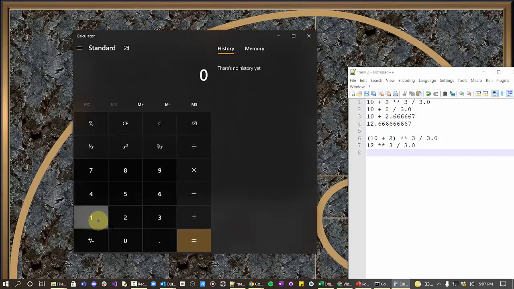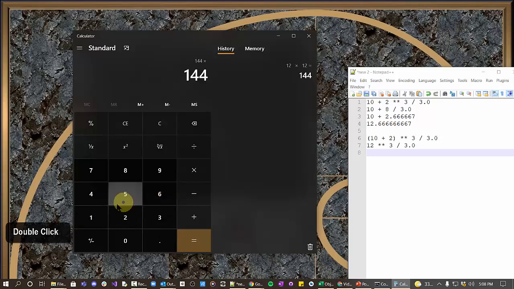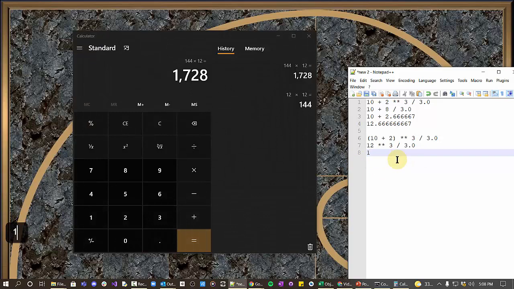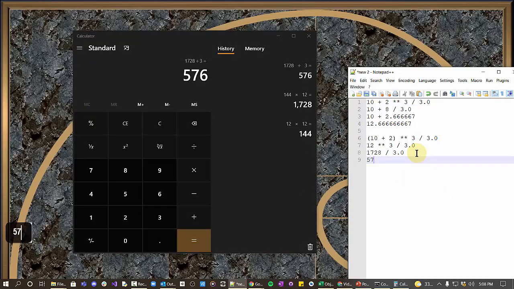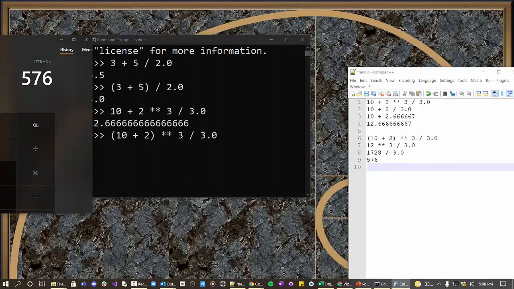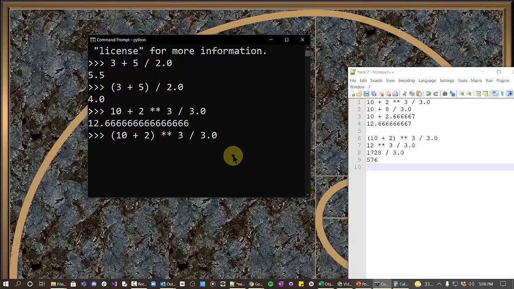So we'll bring this out, 12 times 12 times 12 is equal to 1728. Then we divide that by 3.0, and we should get an answer of 576. And yes, that's in fact what we get.